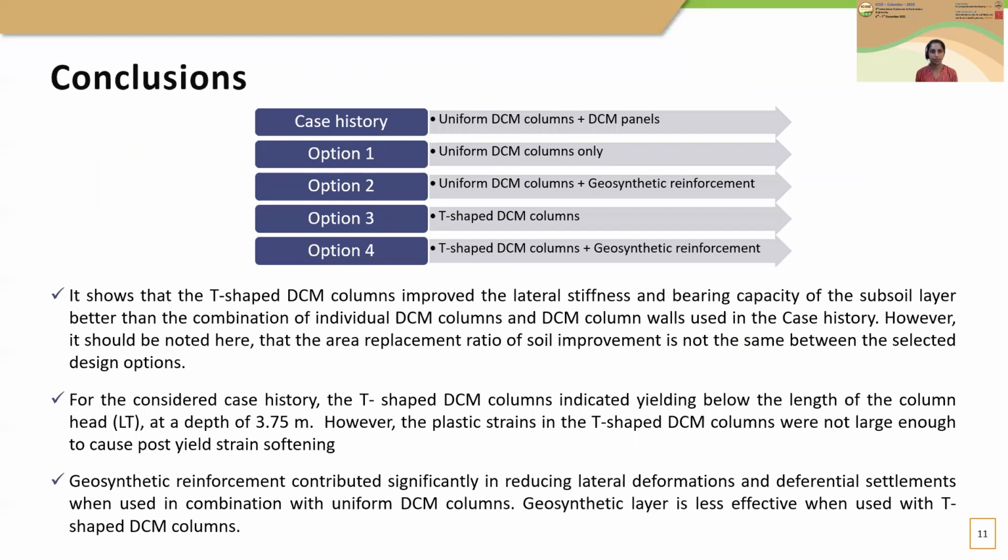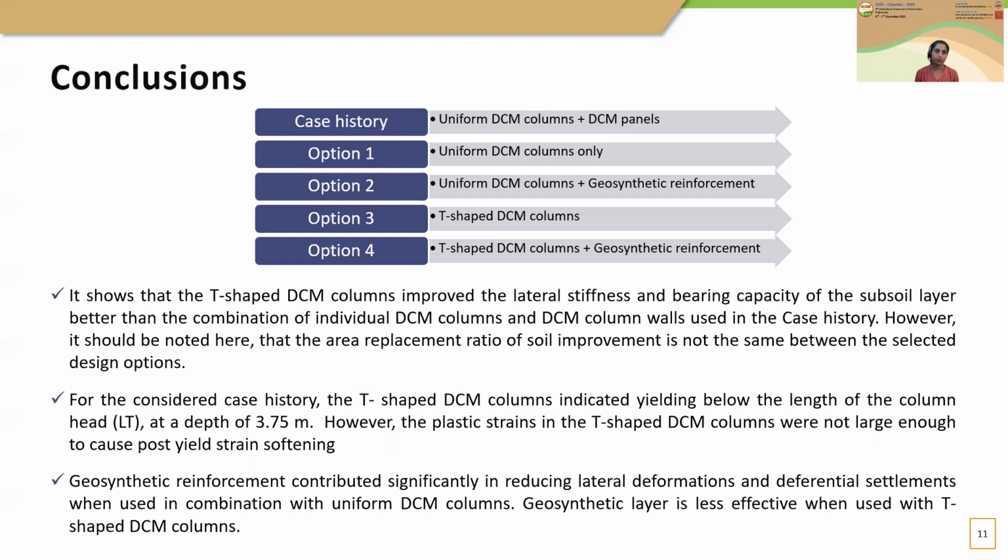Coming to the conclusions, the T-shaped DCM columns improved the lateral stiffness and bearing capacity of the subsoil layer better than the combination of individual DCM columns and DCM column walls used in the case history. However, it should be noted that the area replacement ratio of the columns that we used for the T-shaped DCM columns and for the case history are not exactly the same.